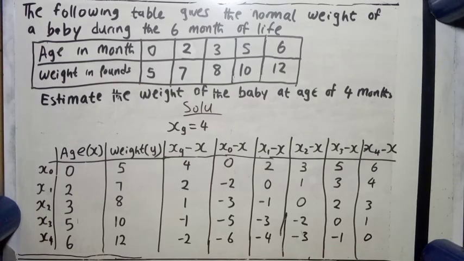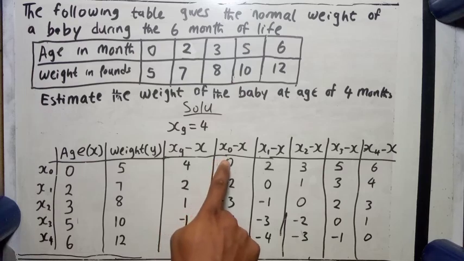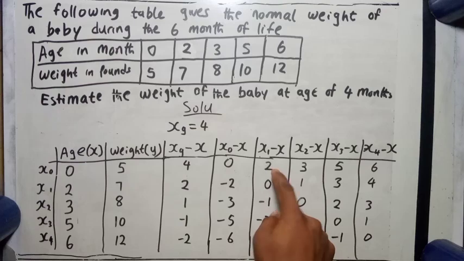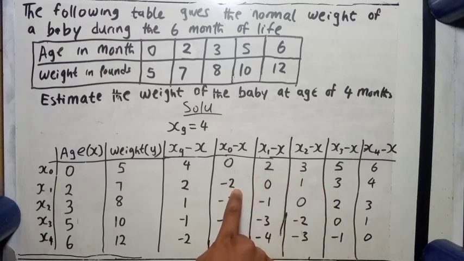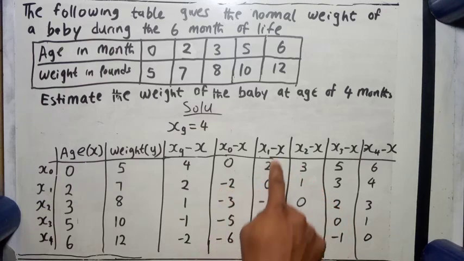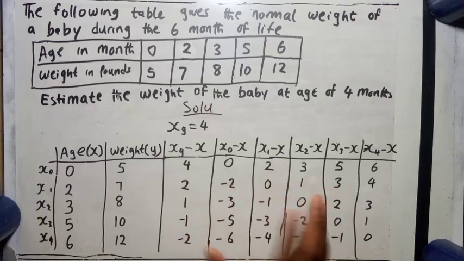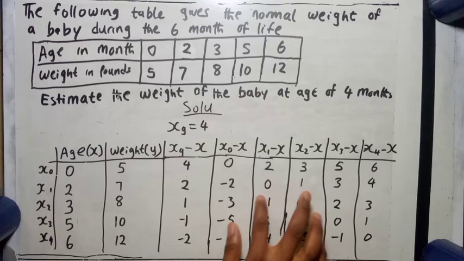So if you look at this table that we have formed, you notice that in this 0 diagonal, if you look at the perpendicular numbers, the difference is just their sign.